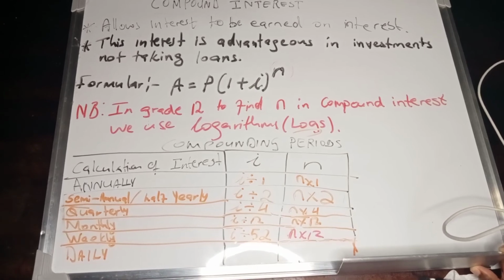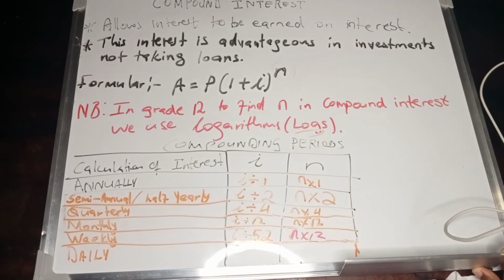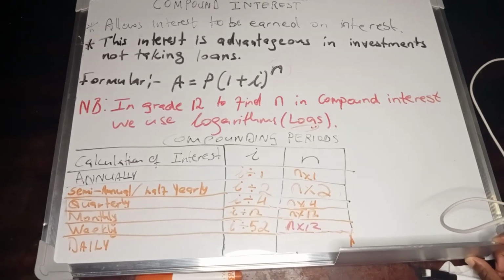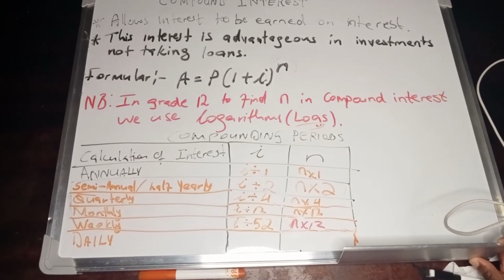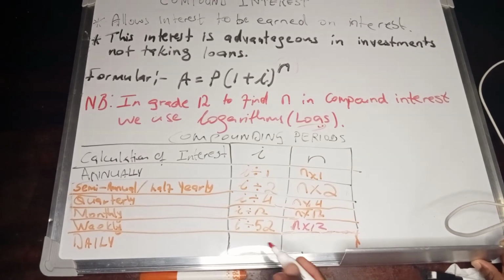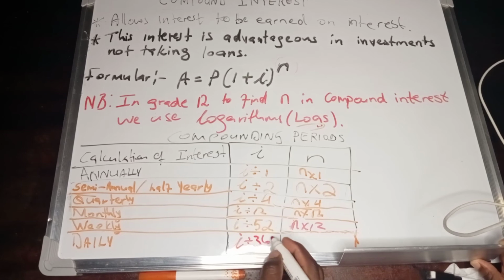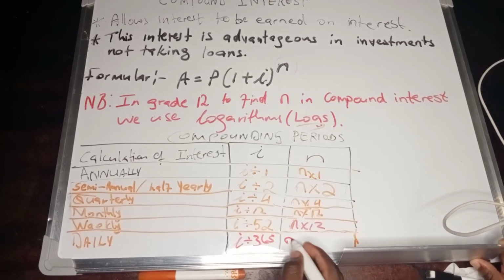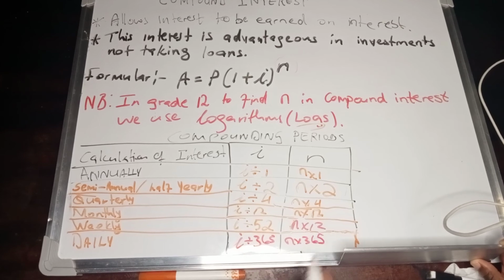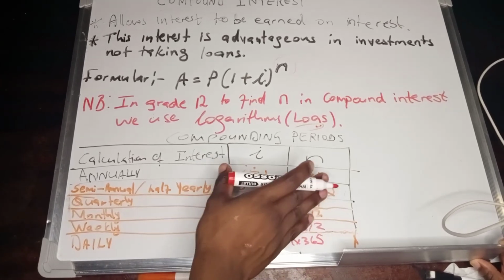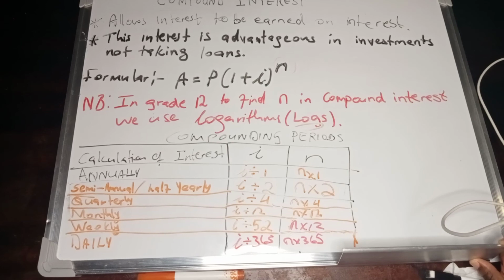Then now, how many days do we have in a year? We have 365 days. So we're gonna have I divided by 365 and n multiplied by 365. These are your compounding periods.